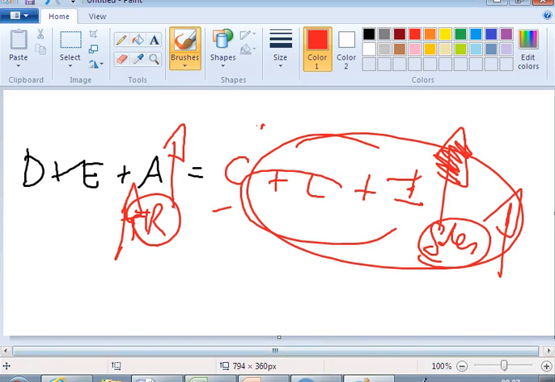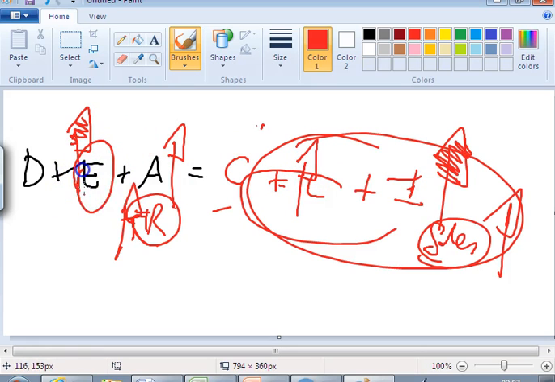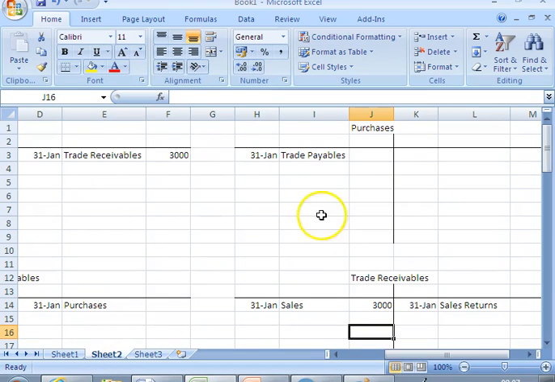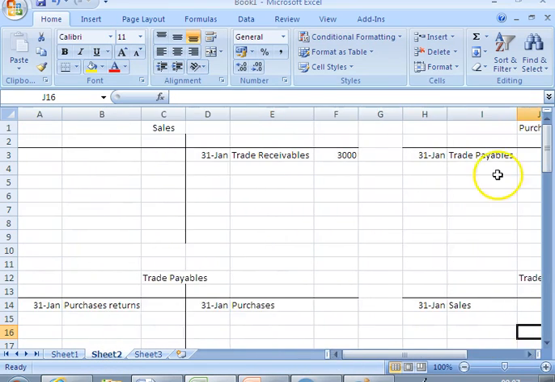So what we have, coming back to the T accounts, is that we have expenses going up by 5,000, but you also have a liability, which is a trade payable, going up. So we have the expense of purchases going up, and we have the liability of trade payables also going up. So if an expense of purchases goes up, we need to find the T account for purchases.